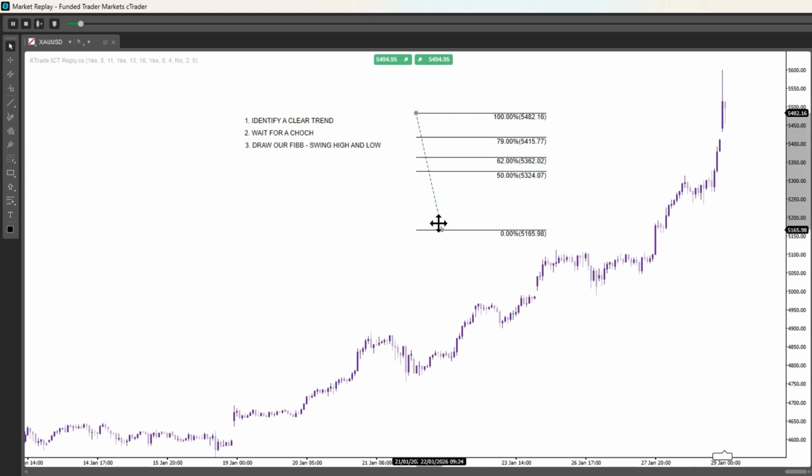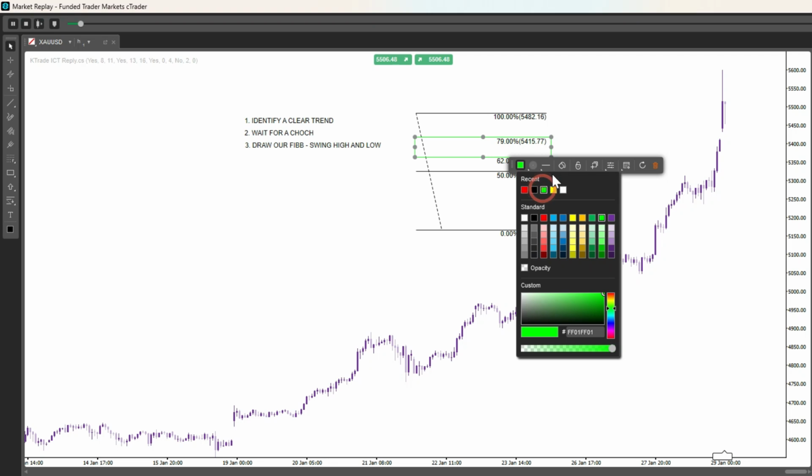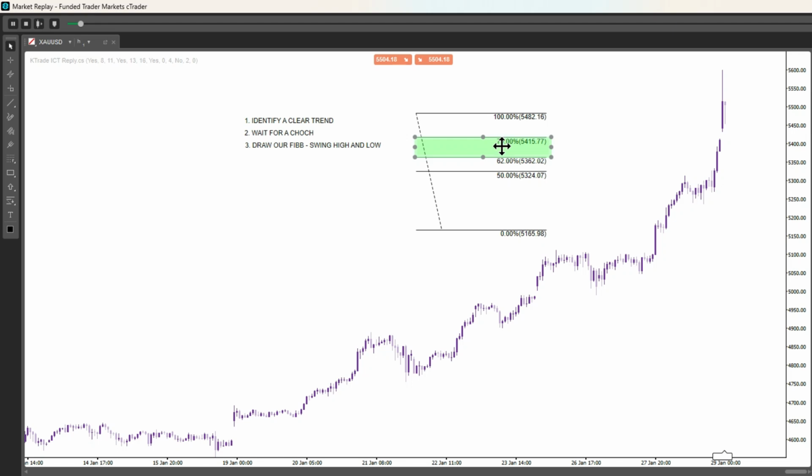As you can see, 50, 62, 79, and 100. The OTE level is between 62 and 79. This is the level that ideally we would love our price to get to before we start looking for our entries.